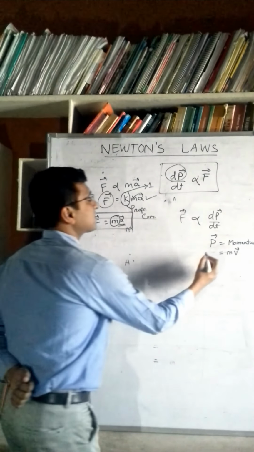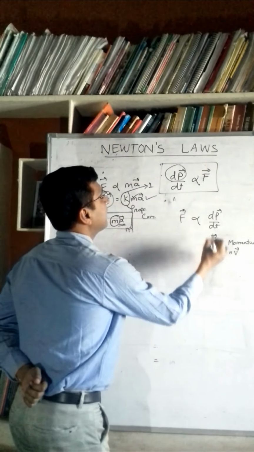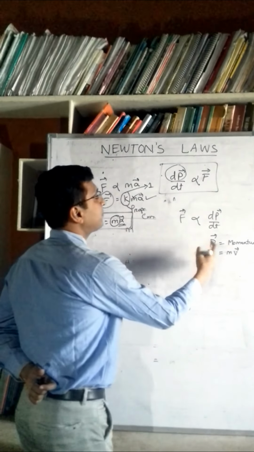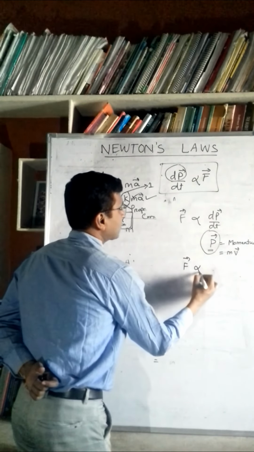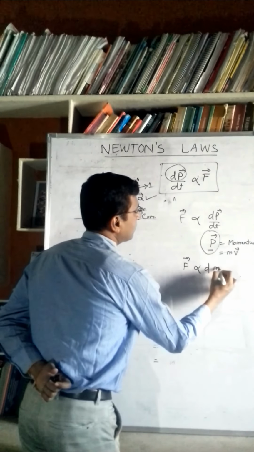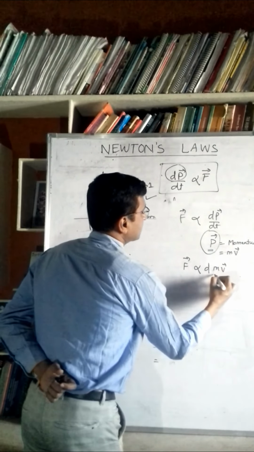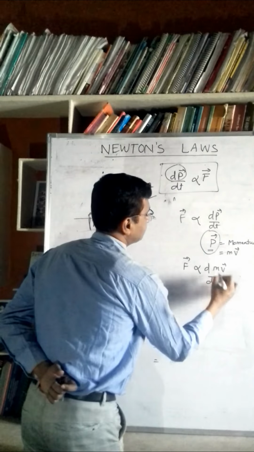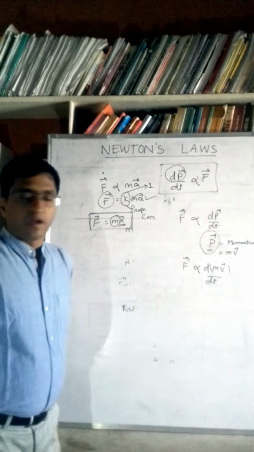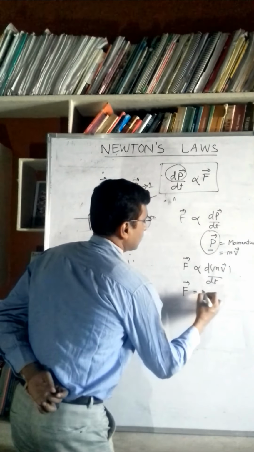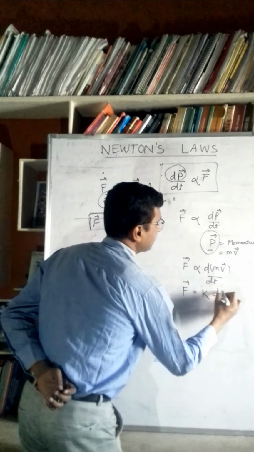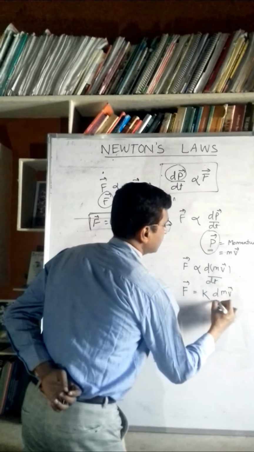Let us replace the value of p in the above equation. If we replace the value of p, we will get F is proportional to the derivative of mv with respect to t. Or we can say F is equal to k times the derivative of mv with respect to t.